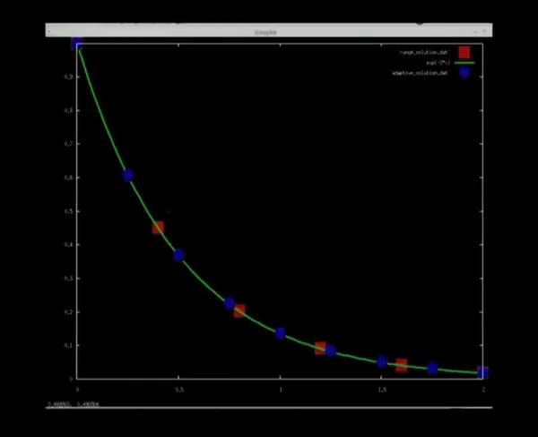So here is the plot of that. The blue points here are from the adaptive step size. As you can see, the interval is not the same all throughout. You have a larger interval here and a smaller interval there. The red points are the ones from the Runge Kutta 4 using 5-point integration.